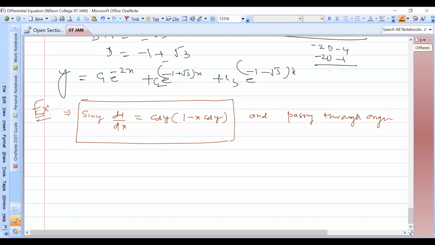Okay, so please try. So what we can write? sin y dy by dx plus x times cos square y. One second, I'll write a little bit modified form.